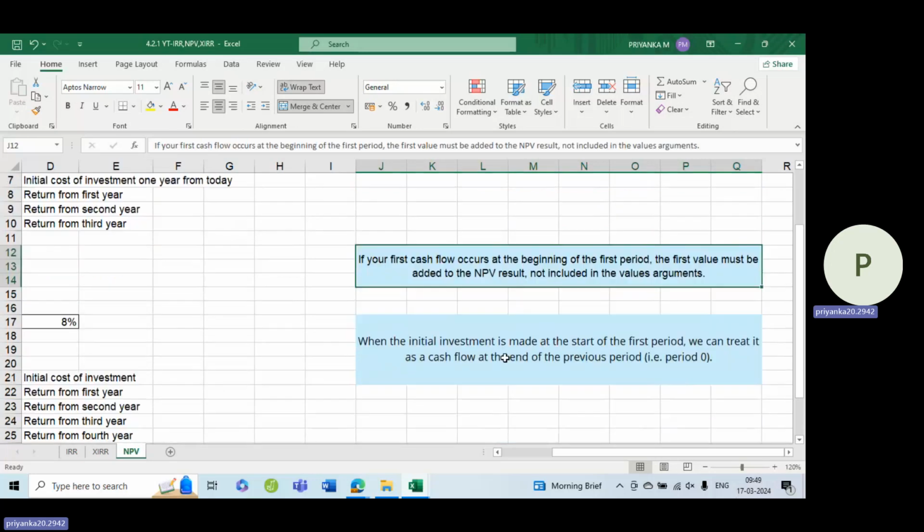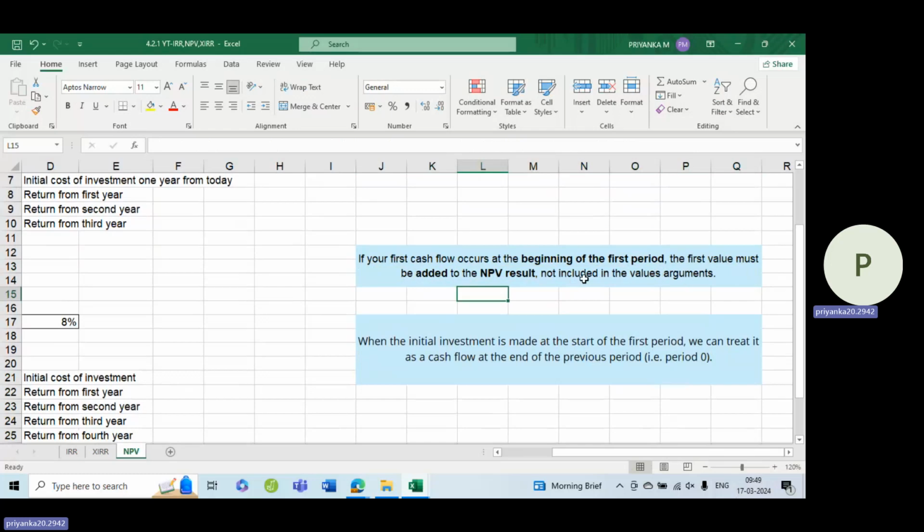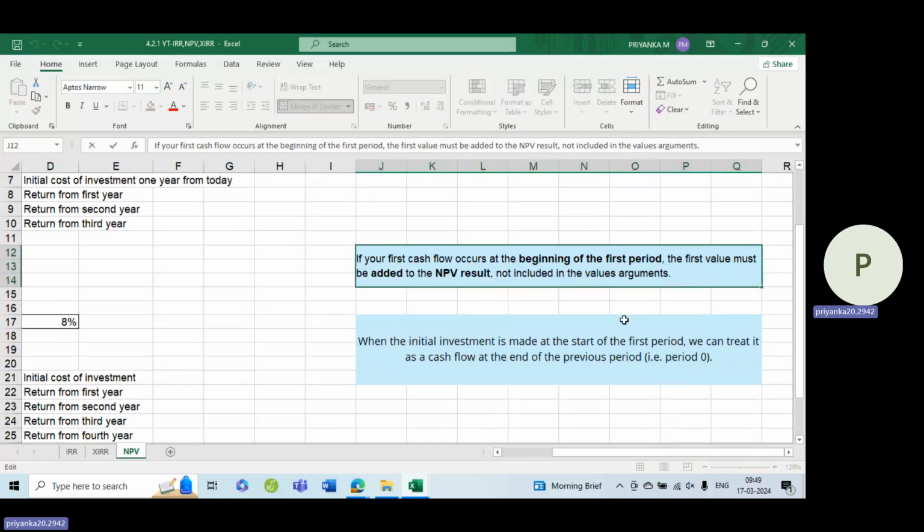So let us say if your first cash flow occurs at the beginning of the first period, the first value must be added to the NPV result, not included in the values argument. So you'll not be including it in the values section, but you'll be adding it at the end.